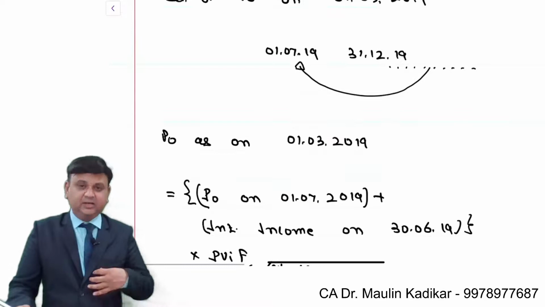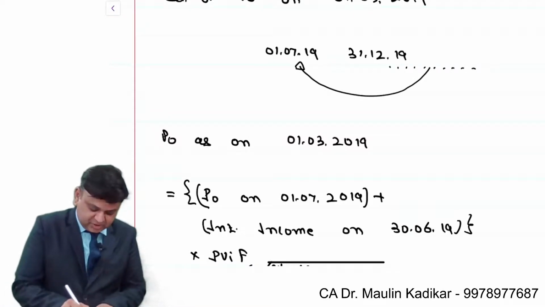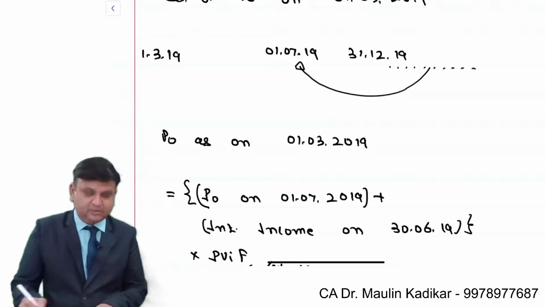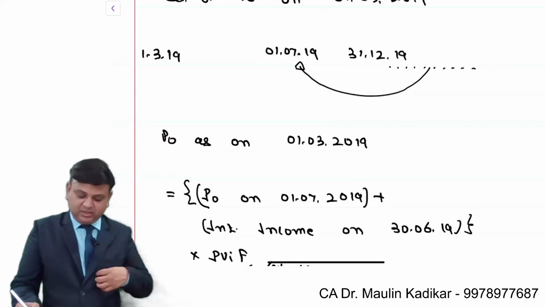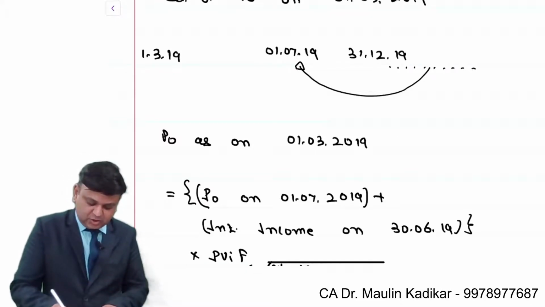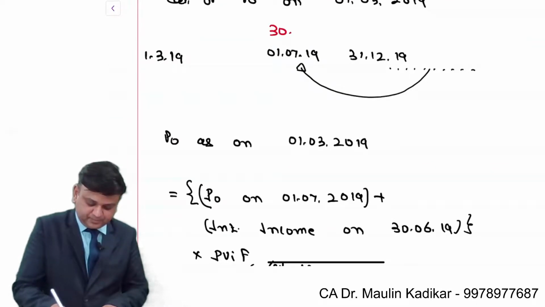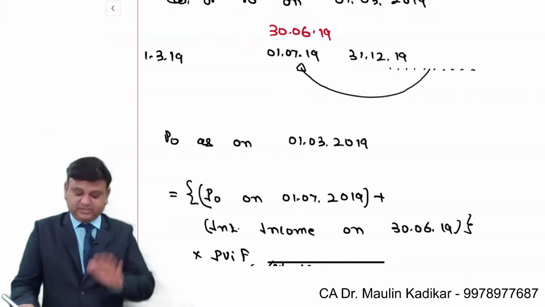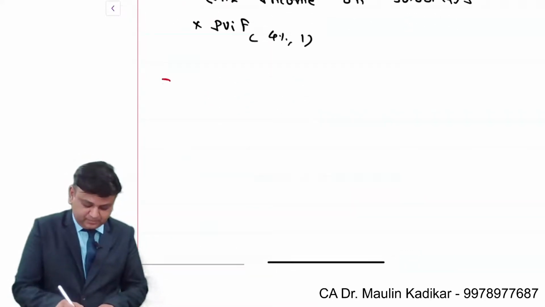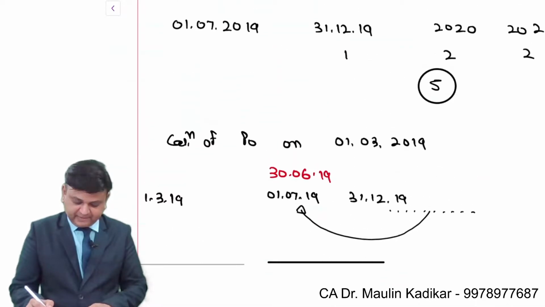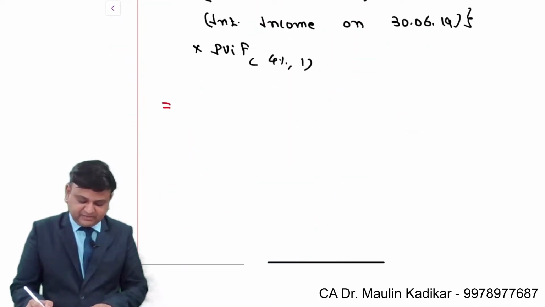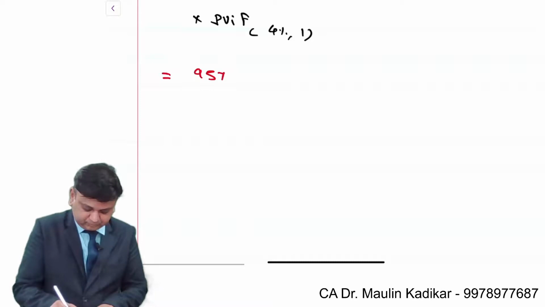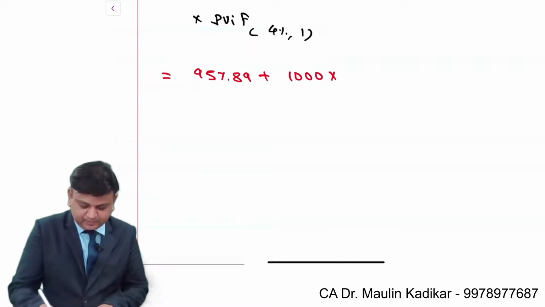See what happens, if we purchase the security on 1st of March 2019, can we say that we are also going to receive interest on 30th of June 2019? Yes. How much interest? 50 rupees. So 957.89 plus 1000 into 10% into 1 by 2.